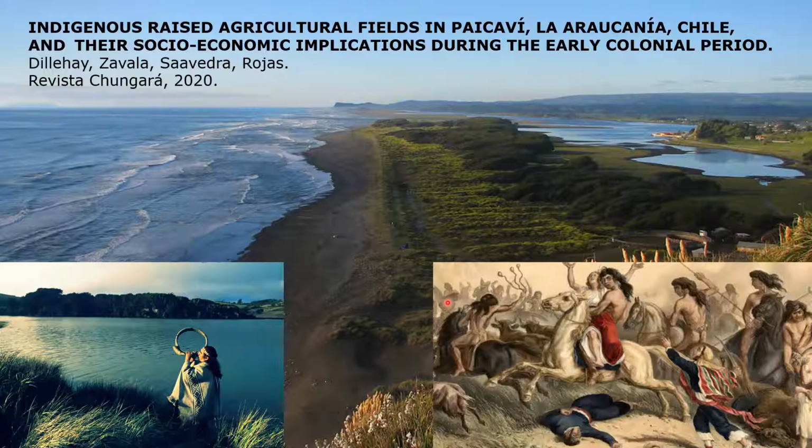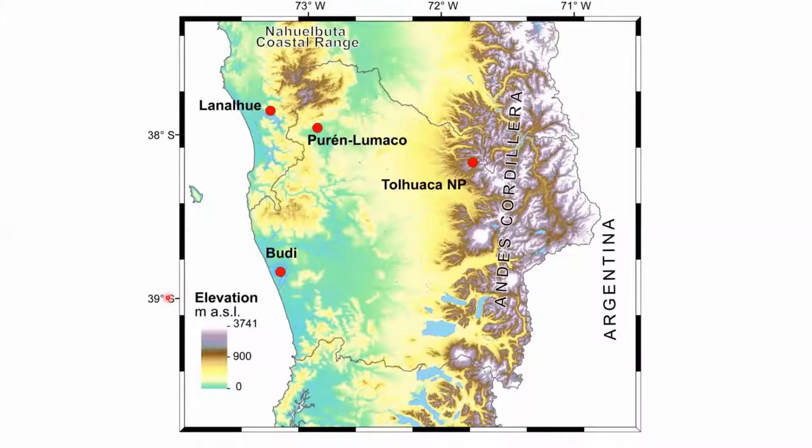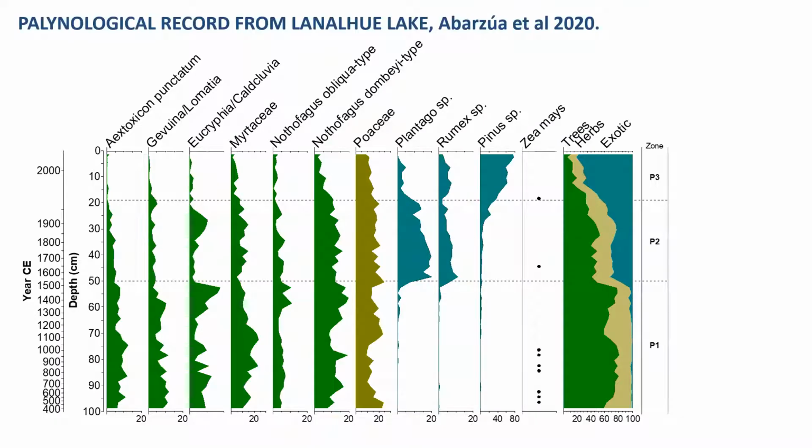So from lake sediments, we try to understand how the environmental transformations are related to human and climatic forcing. Today I will show you data from Lanalhue, Purén, and Tolhuaca National Park. The pollen record from Lanalhue spans the last 1,800 years.